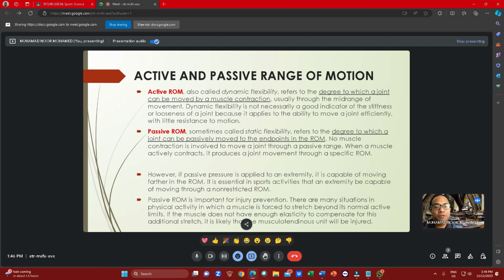So if you have a good active range of motion but a bad passive range of motion, when we apply those extra forces to the muscle, it will actually cause injury, due to the fact that their flexibility is not up to that particular point.